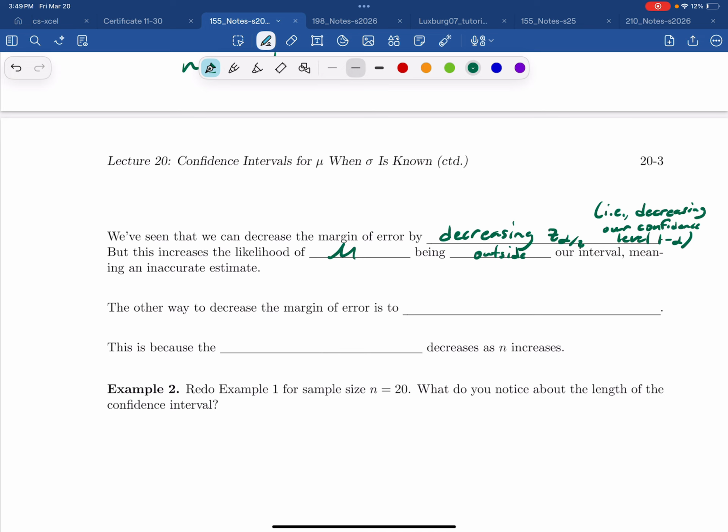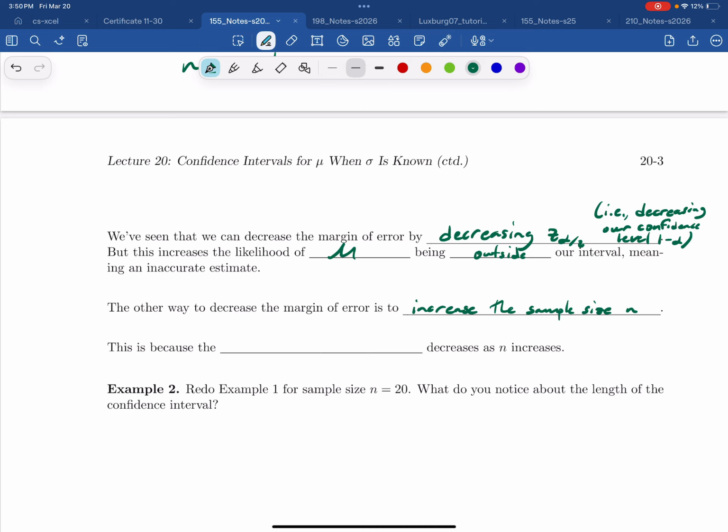The other way to decrease the margin of error, which does work perfectly if you can manage to do it, is to increase the sample size n. But remember, we have to ensure that our samples are random. And so logistical and resource concerns might put a limit on the size of our samples. But remember, if we can get to 31 or higher, then we're good to go.